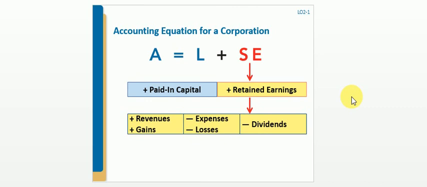Revenues and gains will be added to it, expenses and losses will be subtracted from it, and dividends will also be subtracted. But this equation will be discussed in a later chapter on financial statements, where we will be building the financial statements. Here, the very simple equation for you is total assets equal to liabilities plus owner's equity.